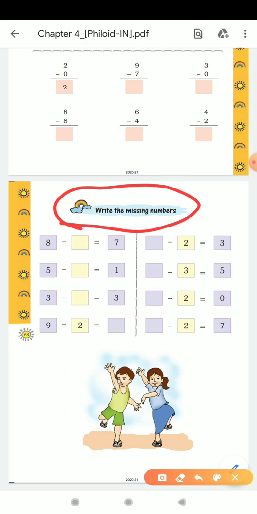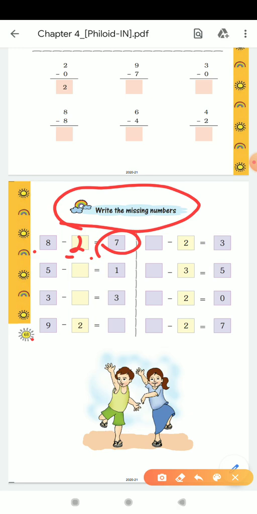Here, to get the missing number, we have to subtract the numbers from each other. Suppose in the first question 8 is given, which means the first number is given, the second number is not given, but the answer is given. It means here we have to find out the second number.